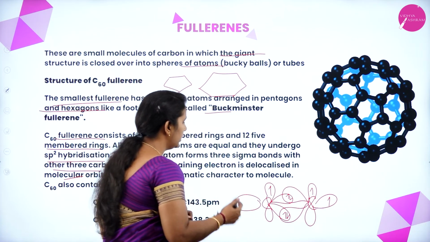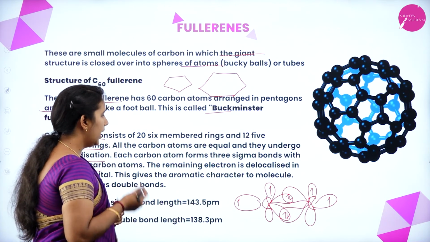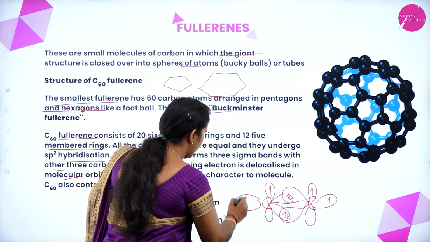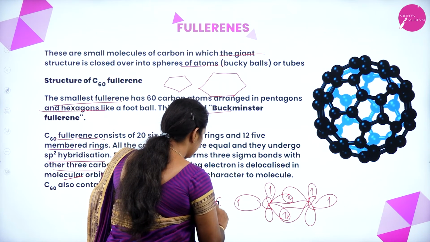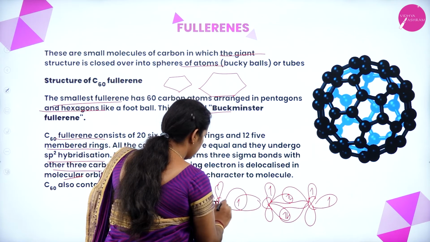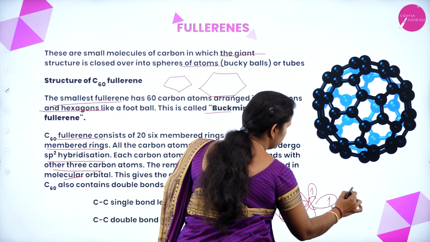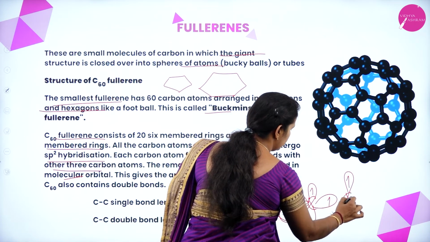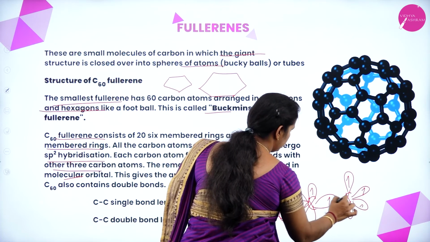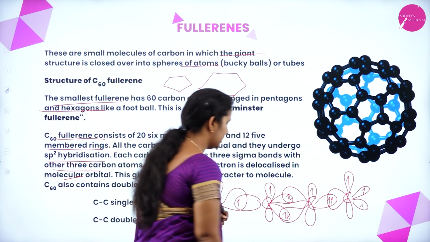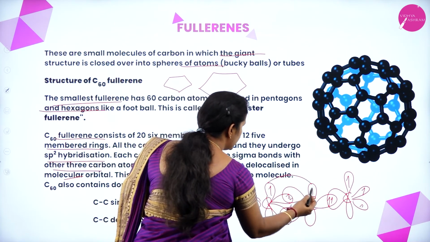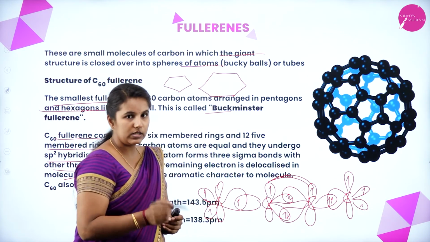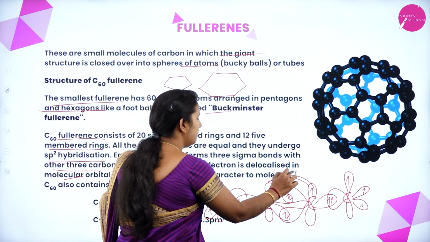It forms 3 sigma bonds, and here again is another carbon atom, like this. It forms 3 sigma bonds, and these delocalized pi orbitals can also overlap to form a pi bond.